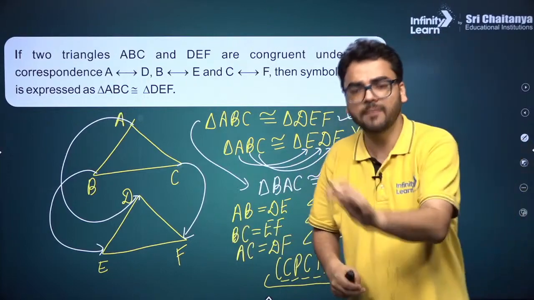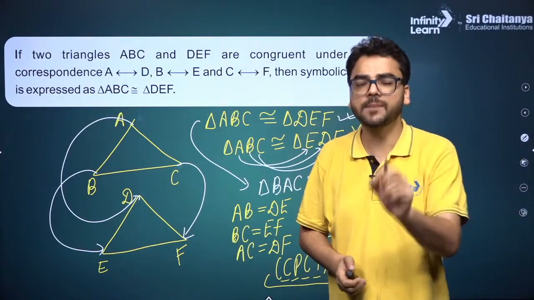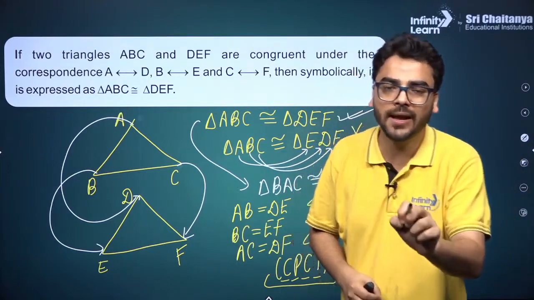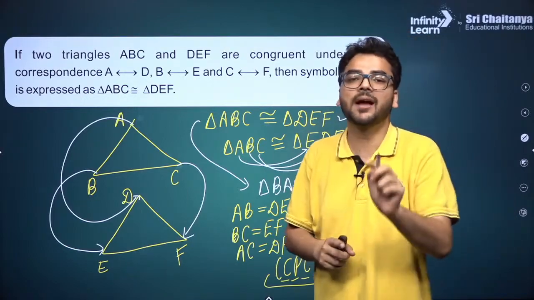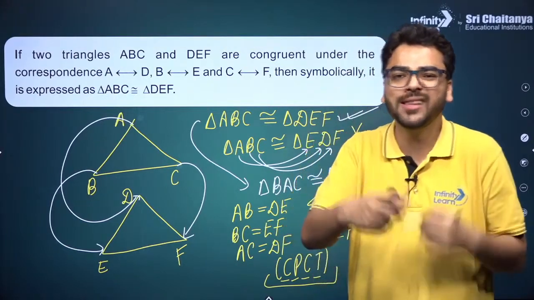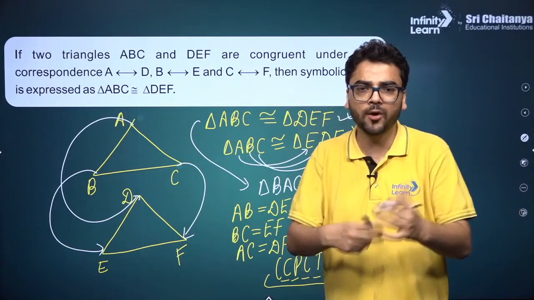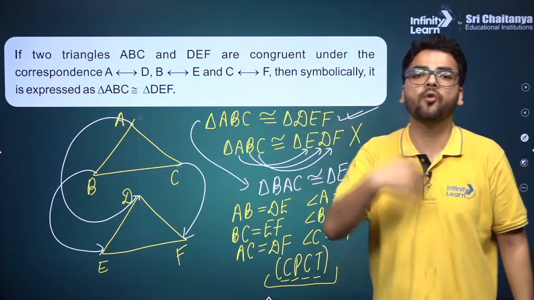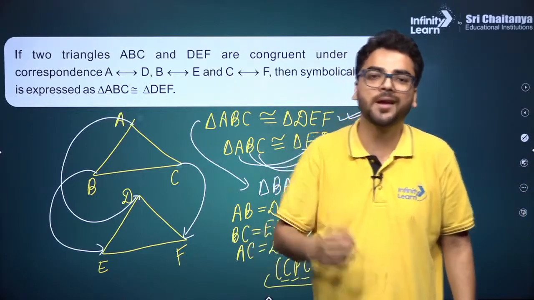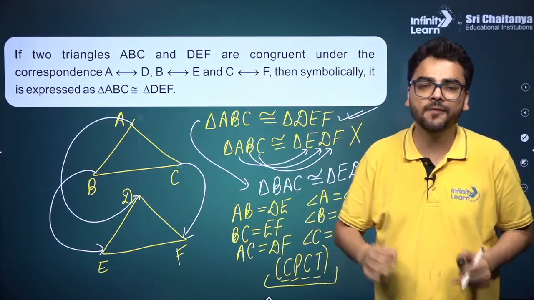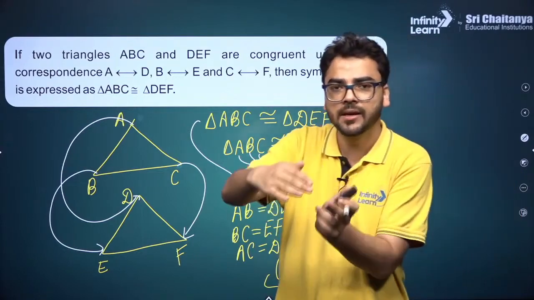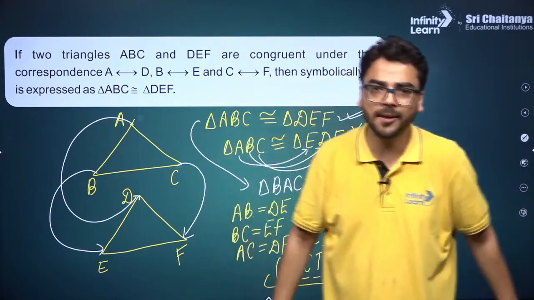Now the question comes in your mind that if I want to prove two triangles to be congruent, is it compulsory for us to prove all the 6 pairs to be equal every time? Can you tell me what is the answer to this? Tell me, guys.